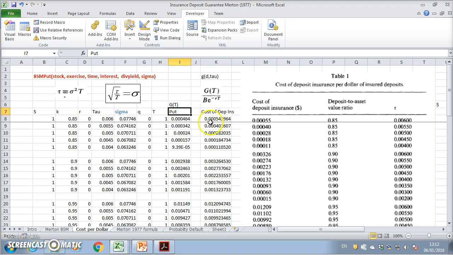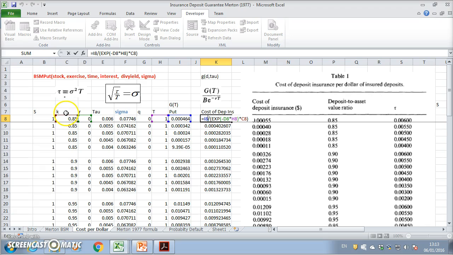and then the value expressed in terms of cost of deposit insurance per dollar. So cost of deposit insurance per dollar of insured deposits would be equivalent to GT. So the put, I8, divided by the value of the exercise.